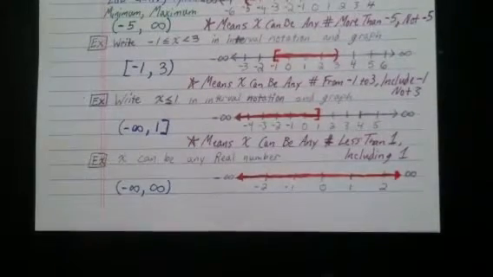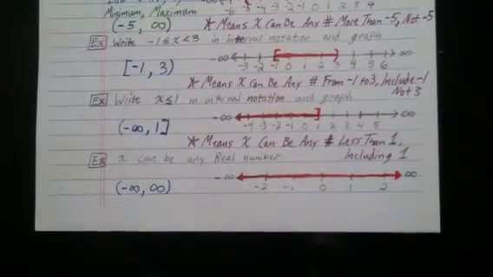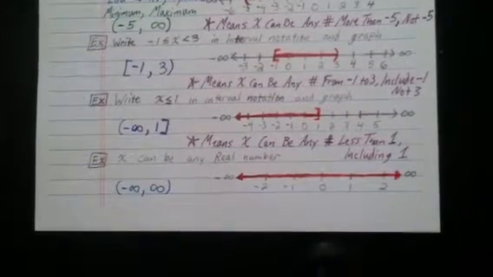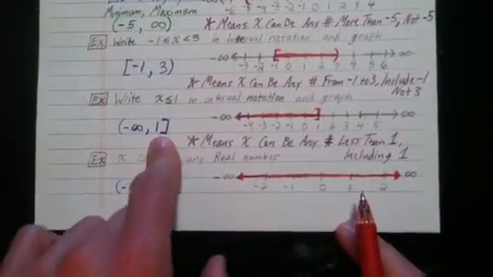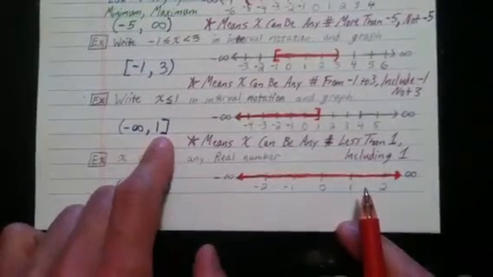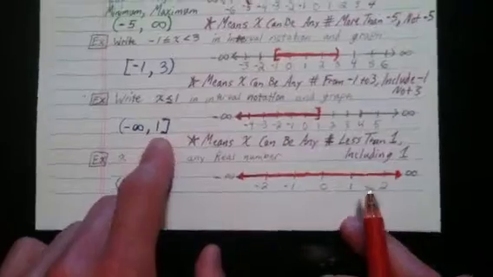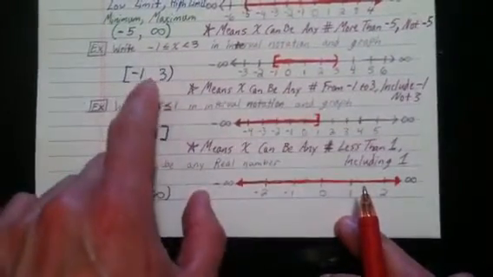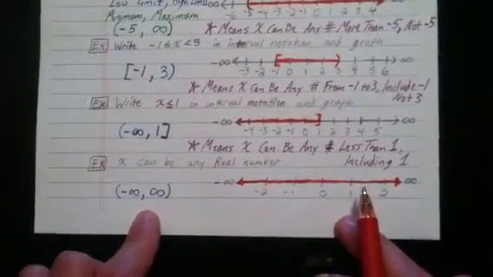Why does infinity get parentheses rather than brackets? Remember, brackets tell you when x can be that specific number, like x could be 1 in this situation, or up here x could be negative 1. But with infinity, you can never actually reach infinity. Infinity's forever.